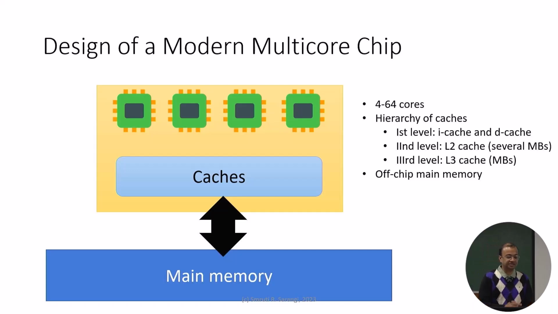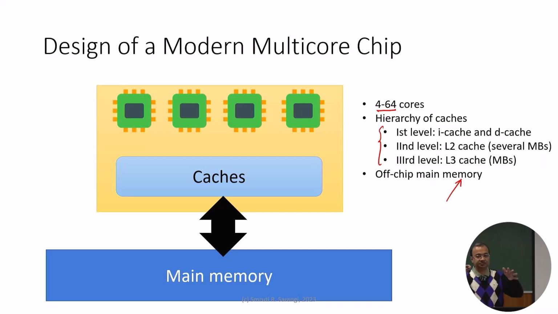So you have your cores, caches and main memory. 4 to 64 cores are common, so it's common to have an octa-core mobile phone, for instance. And you have a hierarchy of caches, first level, second level, third level. Often you may have a fourth level as well, which may be off chip. And then you have an off chip main memory.